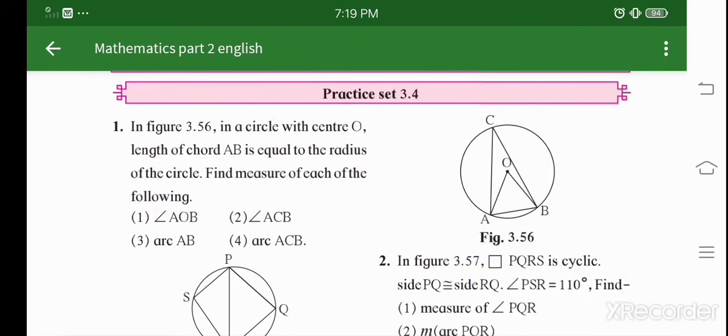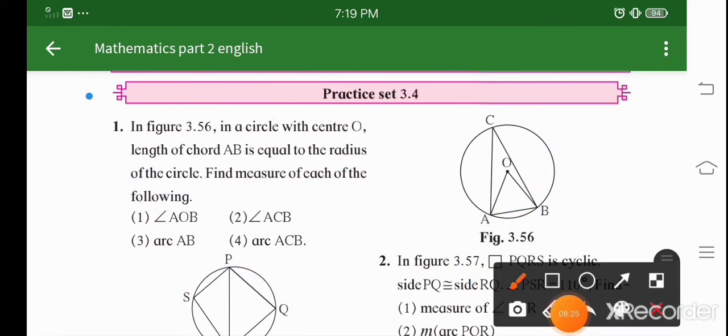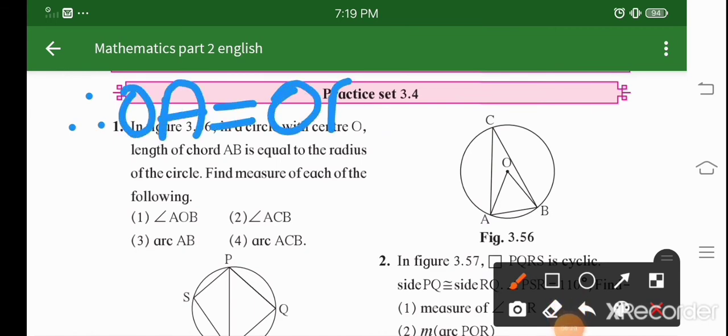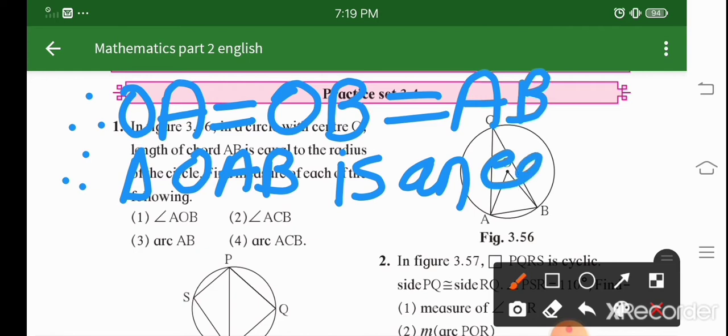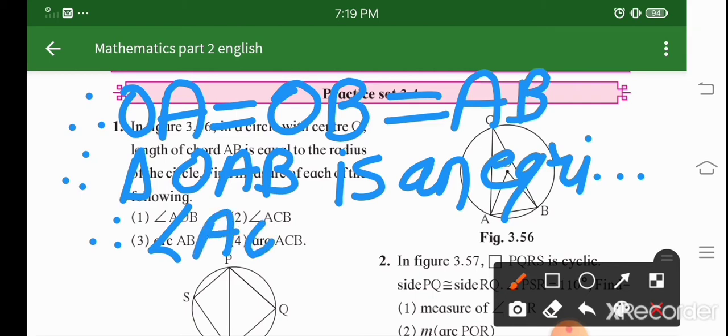So in the next line just write: therefore OA is equal to OB is equal to AB. अब जब ये sides equal हो गए, that means therefore triangle OAB is an equilateral triangle. Okay, I think this is clear. So your angle AOB will be 60 degrees.